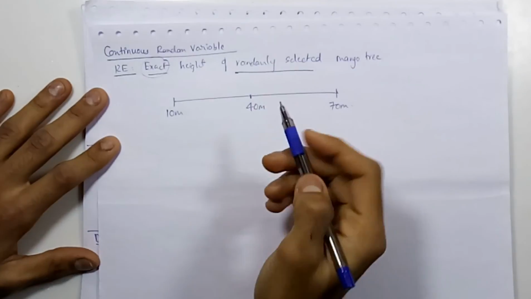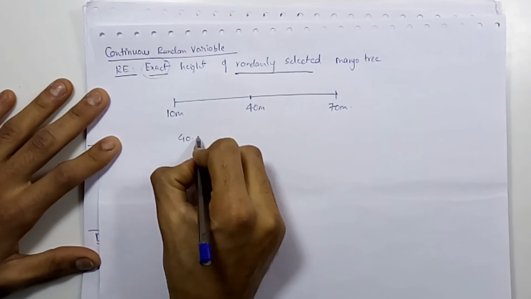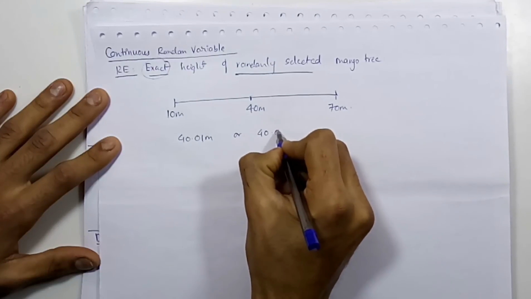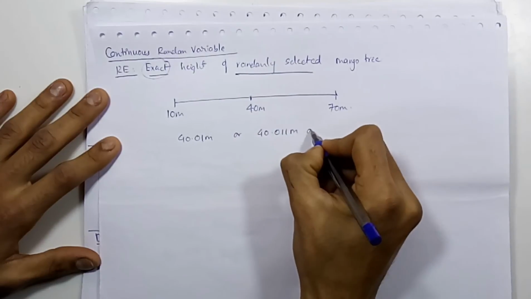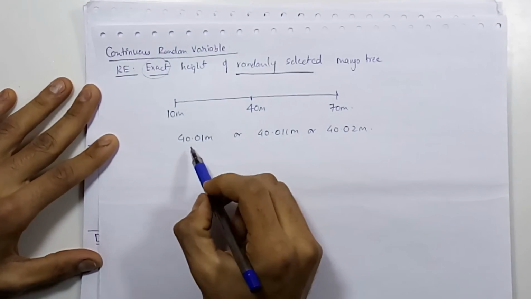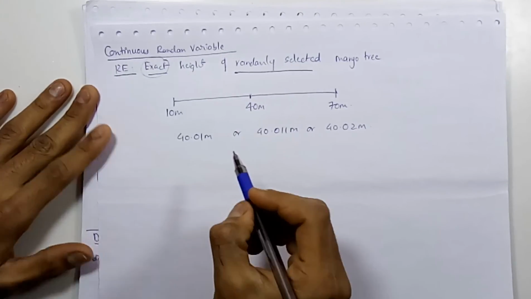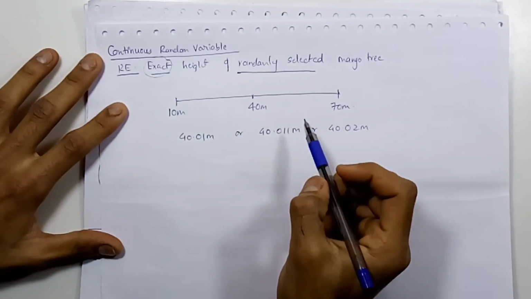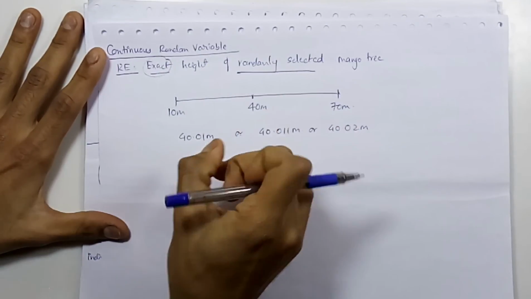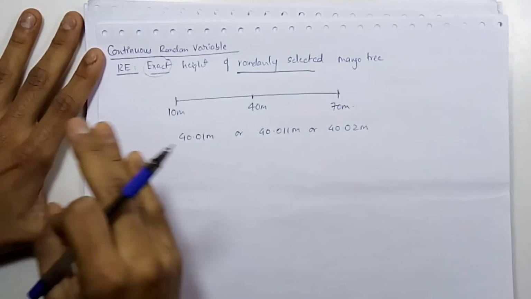For example, the height might be 40.01 meters, or 40.011 meters, or even 40.02 meters. It's never going to be exactly 40 meters, and it's always going to exist between a particular range of values. So this concept, where the value of the height of the mango tree is going to exist between two values, is called a continuous random variable.